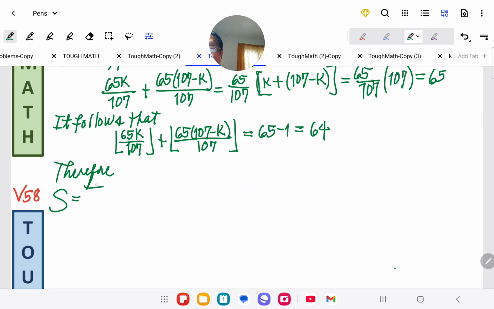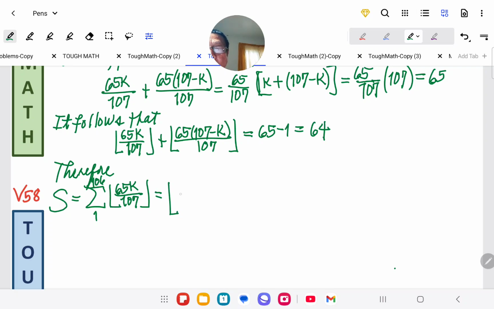which is equal to the sum of the greatest integer value of 65k over 107 from k equals 1 to 106.